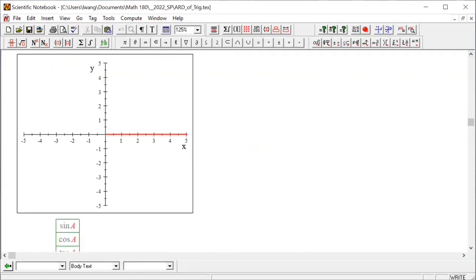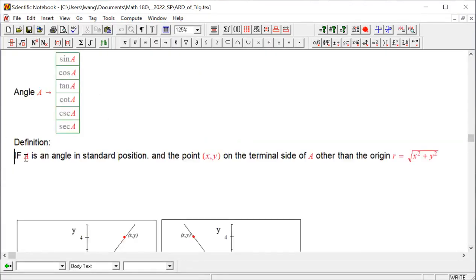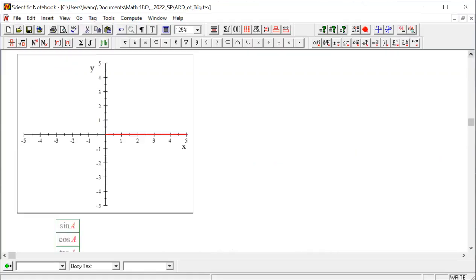Okay, the definition says: if A is an angle in standard position, and the point x comma y is on the terminal side of A, other than the origin. What does that mean? The point x comma y is arbitrarily chosen, right?